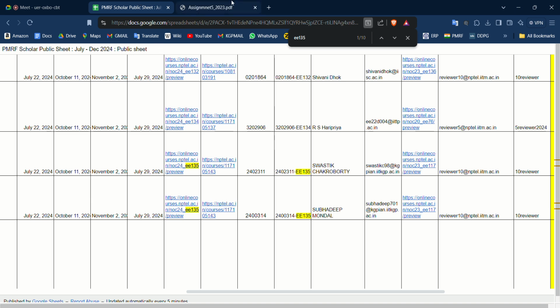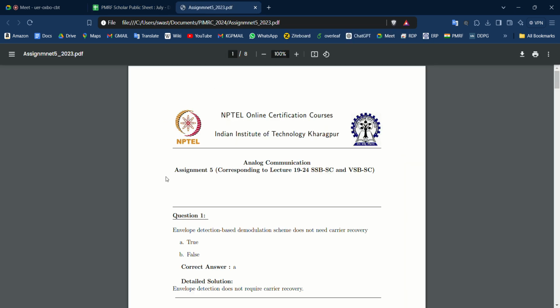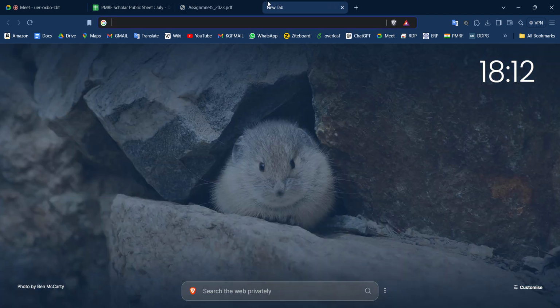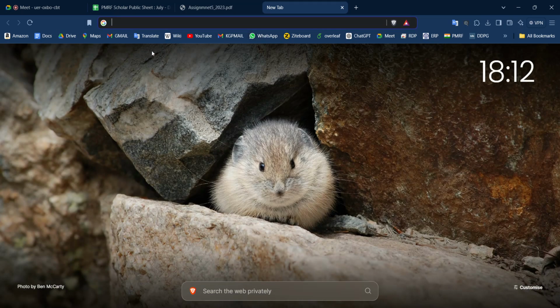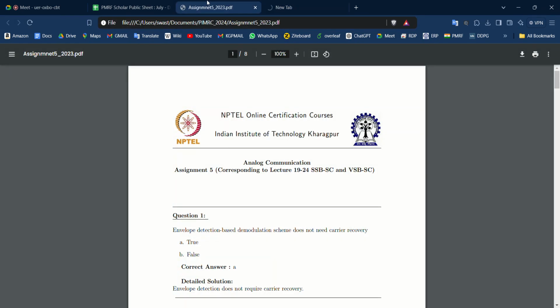Previously we have done double sideband full carrier and double sideband suppressed carrier. In double sideband suppressed carrier we have the upper sideband and the lower sideband, and we do not have any carrier component. But in double sideband full carrier we have the upper sideband, the lower sideband, as well as the carrier signal.